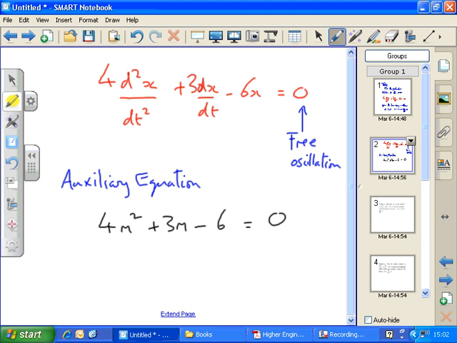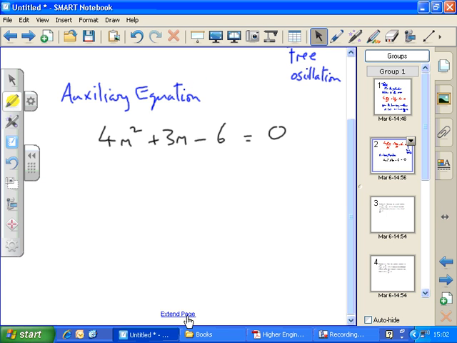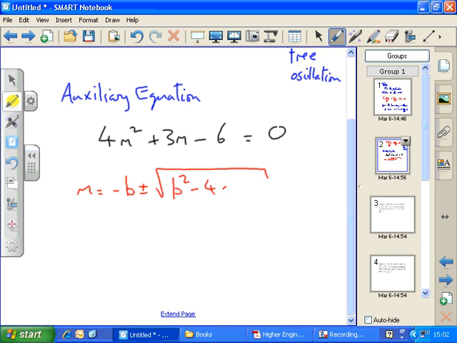And that gives us a quadratic equation to solve using the quadratic formula. So m equals minus b plus or minus the square root of b squared minus 4ac all over 2a, which will give us values for m.